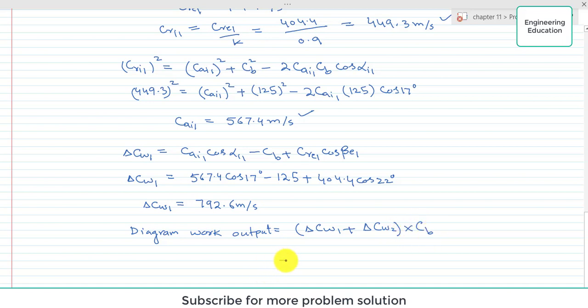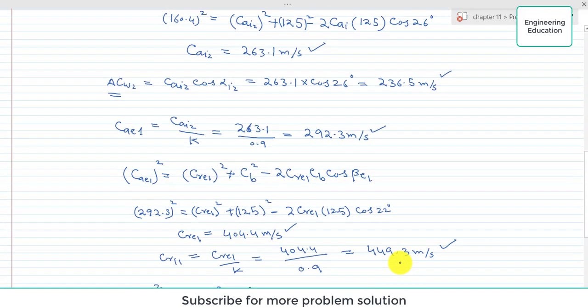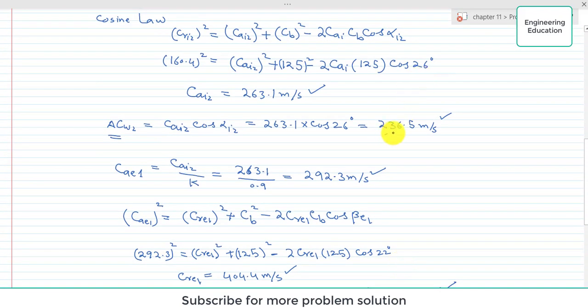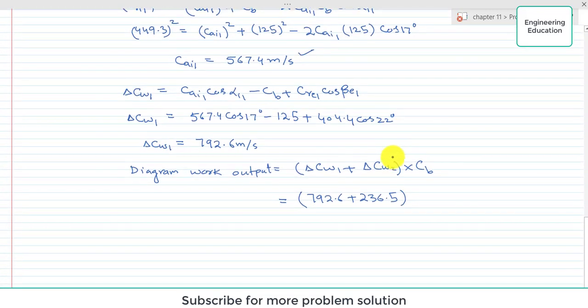So putting the values, delta CW1 is 792.6 meter per second plus delta CW2 is 236.5 as calculated, and CB value is 125 meter per second.